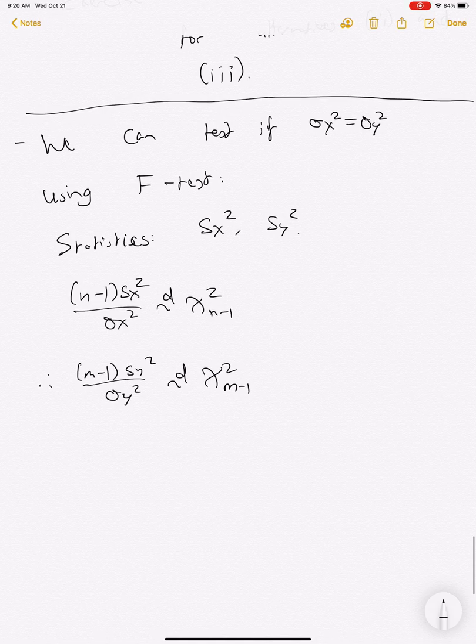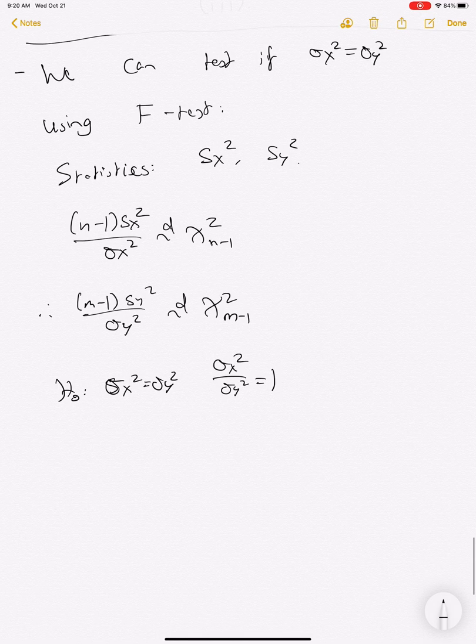Okay, so if we have our h naught, which is that sigma x squared equals sigma y squared, which is equivalent to sigma x squared over sigma y squared equals 1, and our alternative is that sigma x squared is not equal to sigma y squared, which is again that sigma x squared over sigma y squared is not 1.